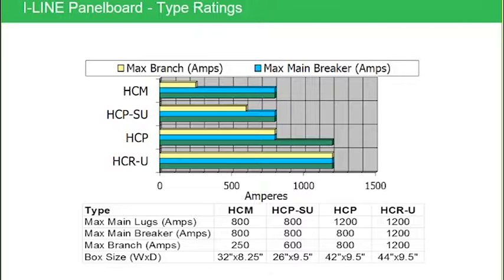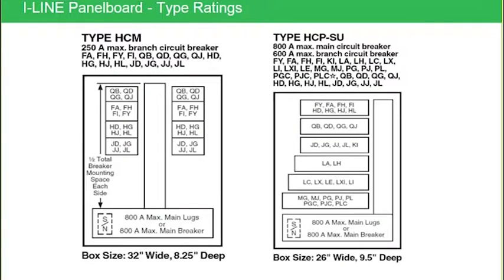So it's only 6 inches wider than an NQ or an NF panel. So it's a relatively narrow enclosure for I-line construction. And we're going to go into a little more detail as to what niche market application that particular panel board fits.